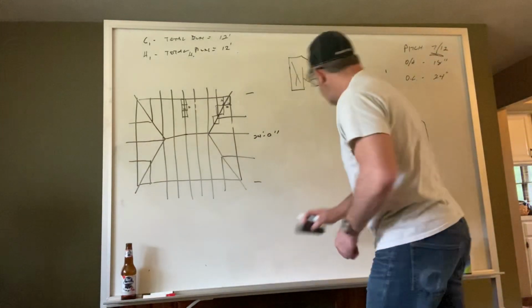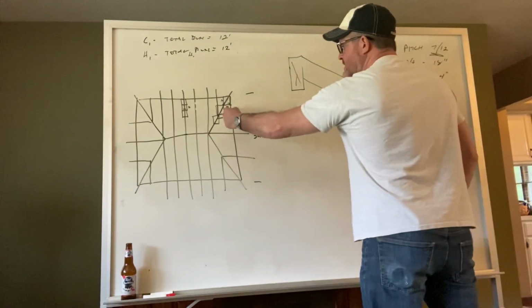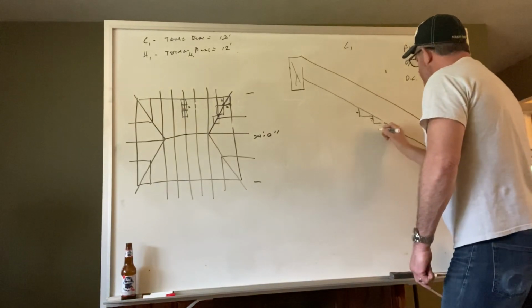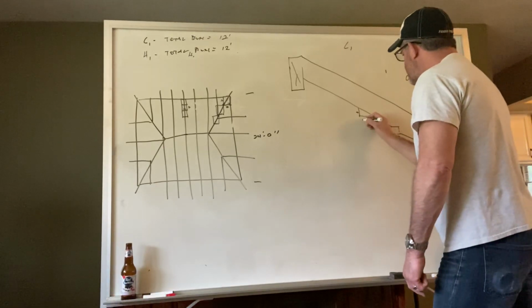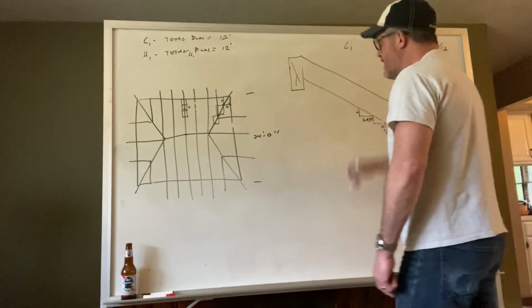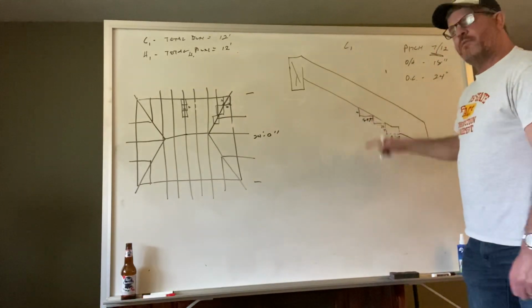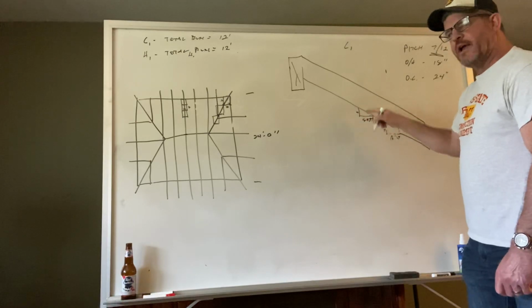If this is a hip, I know that same box becomes the bottom leg of that triangle, so the bottom leg is now 16.97, and my vertical rise is 7 inches. As we go through the math, all I have to do is solve for the hypotenuse of that triangle.